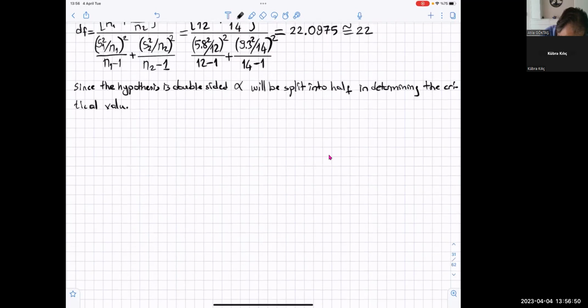So the critical value, one will be on the left with the negative sign, and one will be positive on the right side. You have two rejection areas.